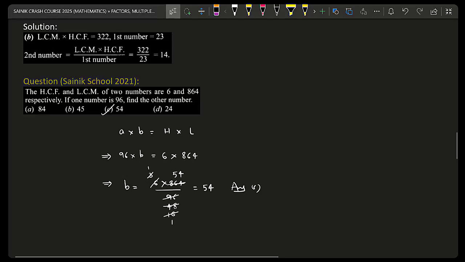Meanwhile, anybody who has not copied the solution, you can copy quickly. Yes, I'm ready with this material now. Okay, we are going to start the first chapter in intelligence today, that is analogy.